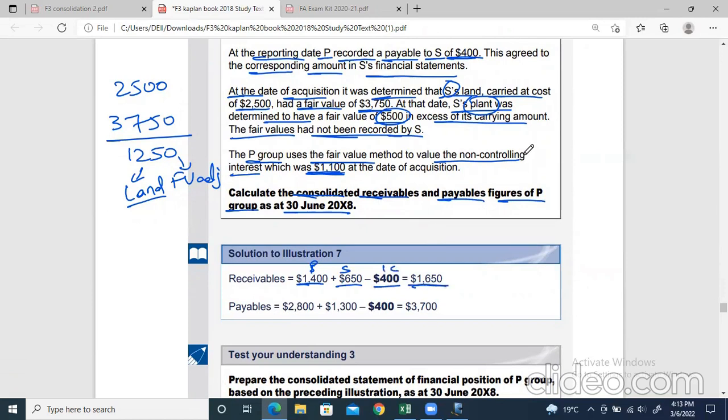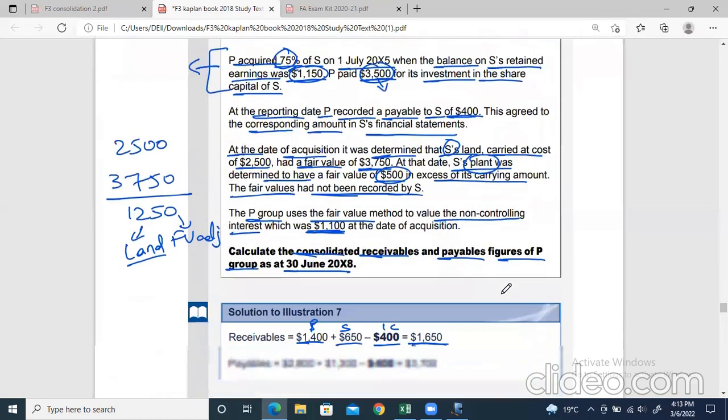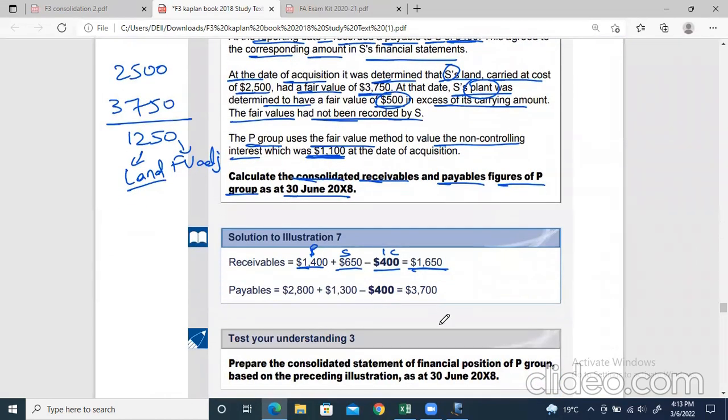Similarly for payables, if I show you over here, you can see payables are over here in the current liabilities, because if there is nothing else written in current liabilities, we assume it to be payables. Because there are only two things, payables and overdraft, right? So 2800 and 1300, we add these and we minus the 400. So same thing as it has done over here.